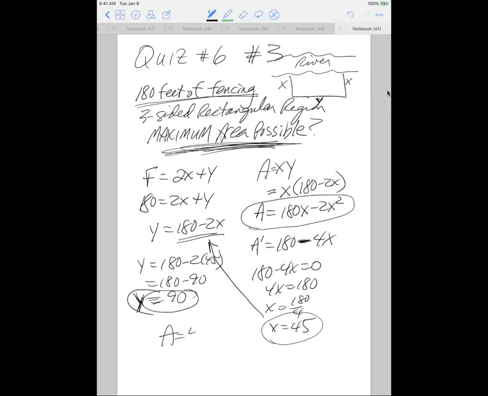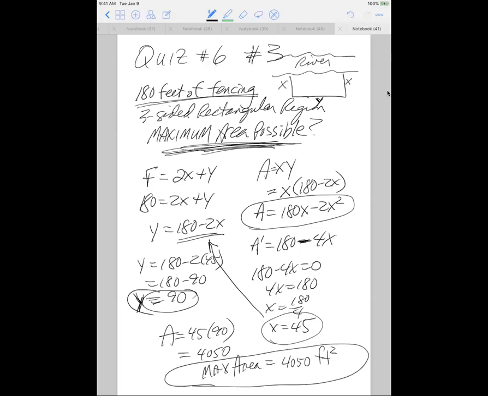The area equals 45 times 90, and that turns out to be 4050. You've got to make sure you're solid on this. This is area, so it's in square units. The final answer is max area equals 4050 feet squared.